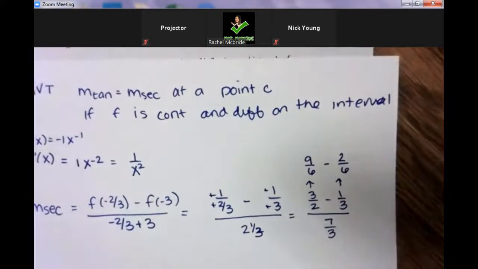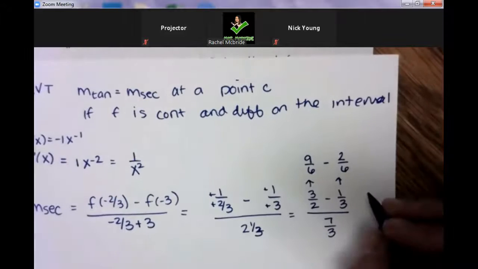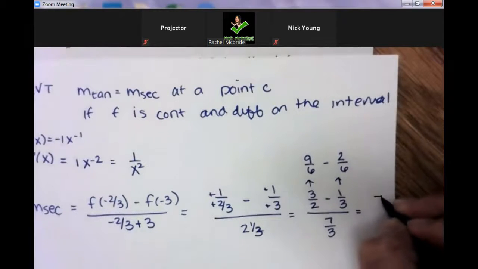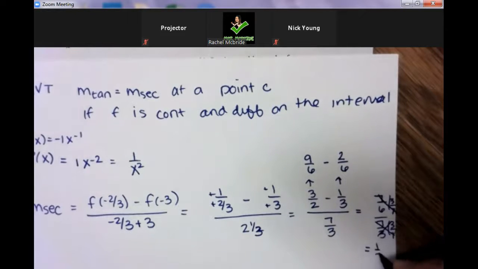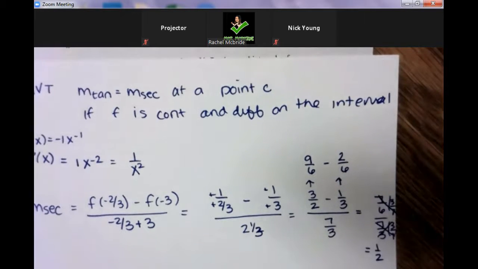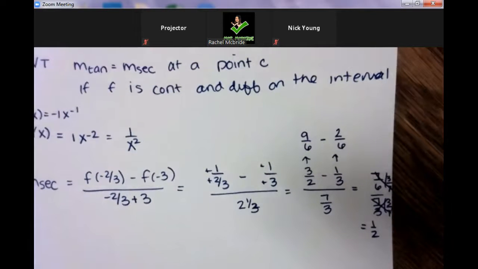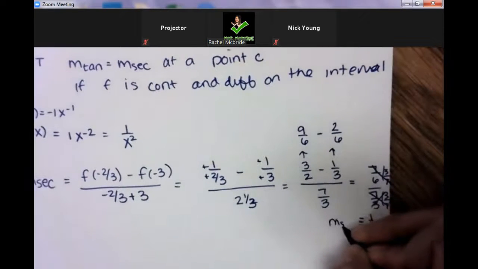So you get 9/6 minus 2/6, which is 7/6 over 7/3. So you multiply by your reciprocal, and you get 1/2. So that represents the slope of the secant.